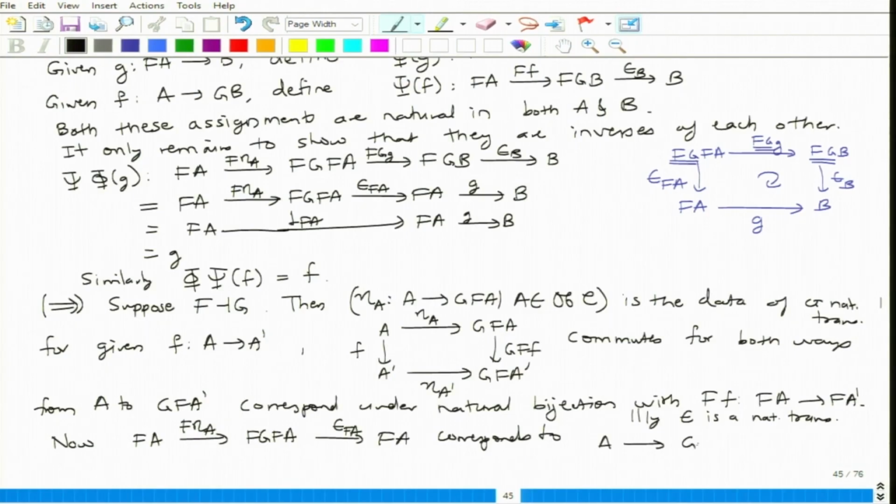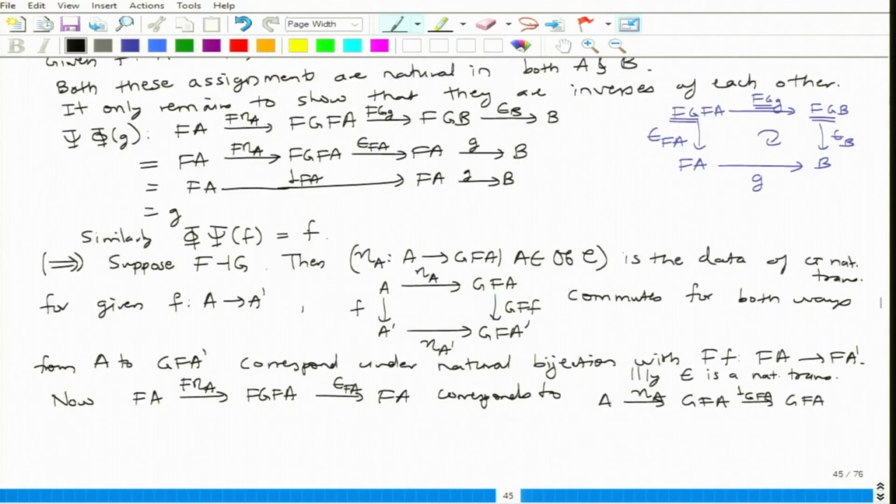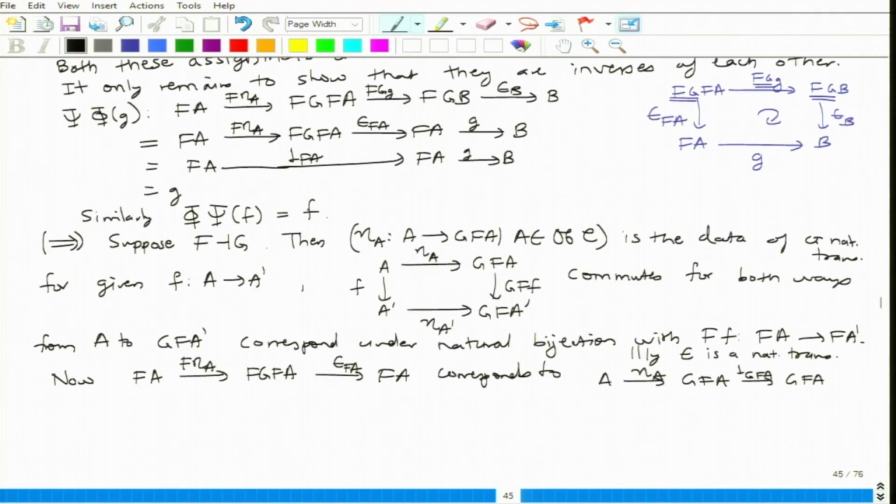A to GFA, eta A, followed by just the identity. Which is just eta A. And what corresponds to eta A? Identity.